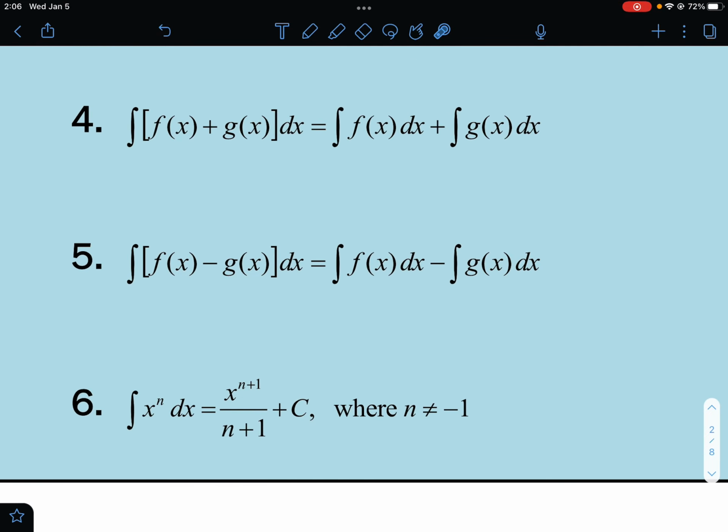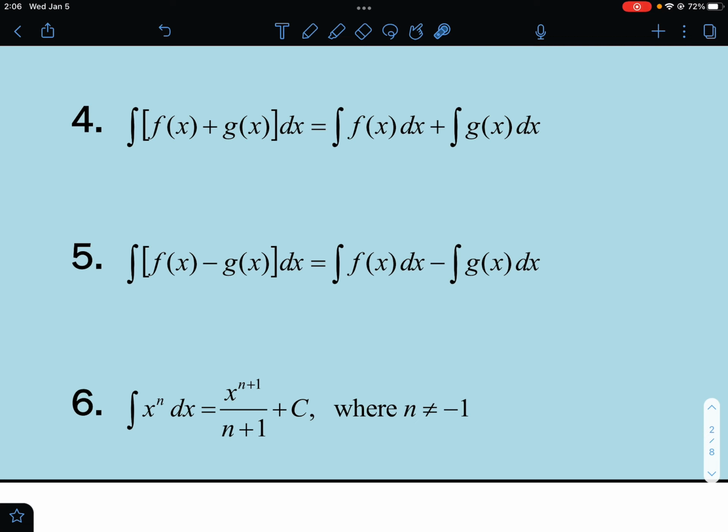All right, 4 and 5 are pretty much the same thing. 4 is just saying if we're adding two integrals together. 5 is saying if we're subtracting two integrals. We could break those integrals apart. And 6, this is probably the most important integral rule. It's kind of like the power rule for integrals. So remember, the power rule for derivatives is we would bring the exponent down and then lower the exponent by 1, right?